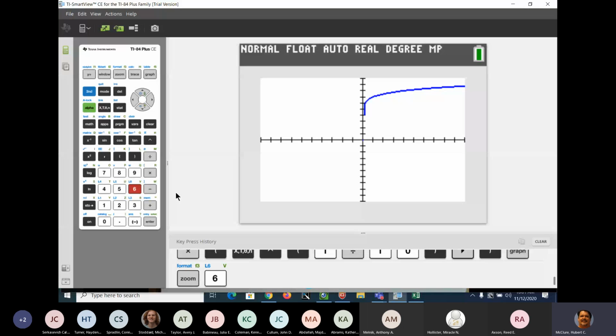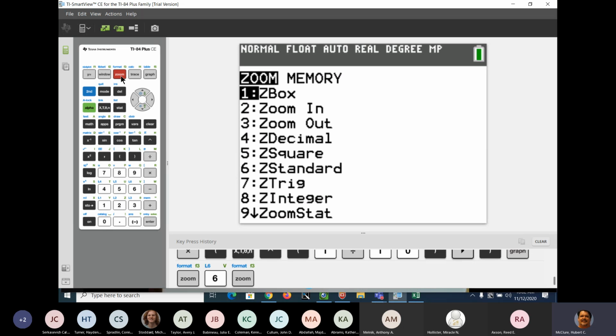Okay, I was a little bit off. Well, yeah, you just don't show it. You could zoom in and then show it a little bit further down. Because the square root of 0 is 0. Yeah, it would be 0, 0. You got to do a zoom. Let's do zoom first quadrant.